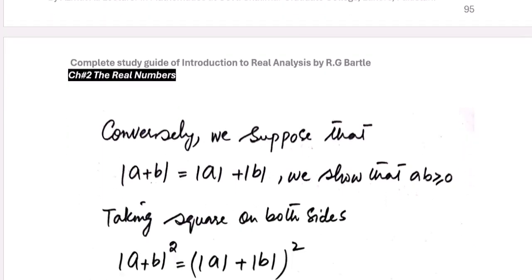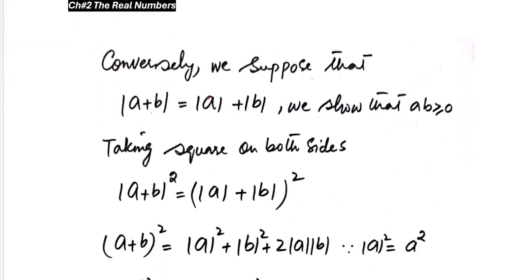Conversely, we suppose that these two sides are equal, and we show that the product is greater than or equal to 0. As this equation holds, taking the square on both sides, we have the square of the absolute value of a plus b, and the square of the absolute value of a plus the absolute value of b.